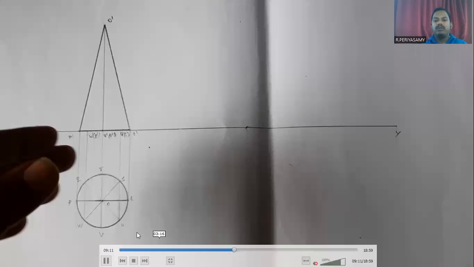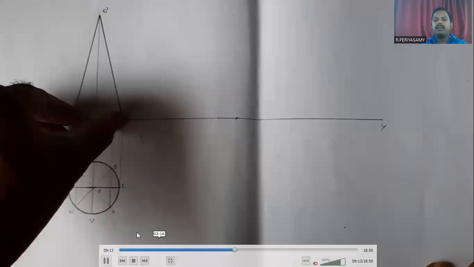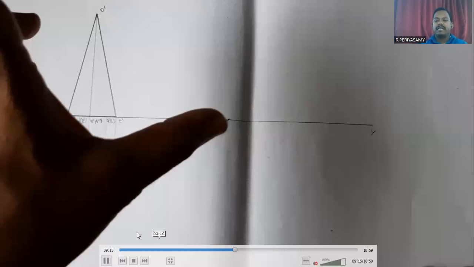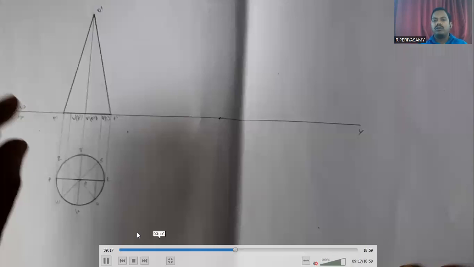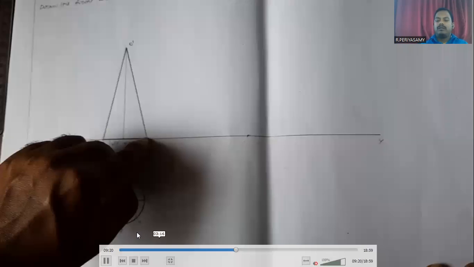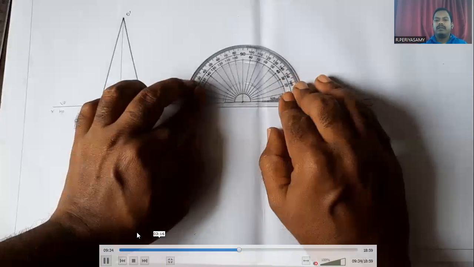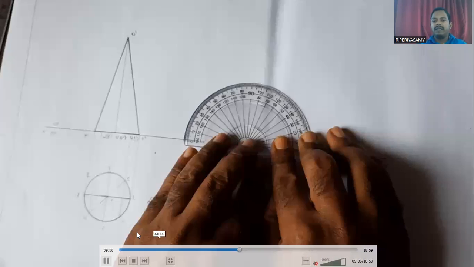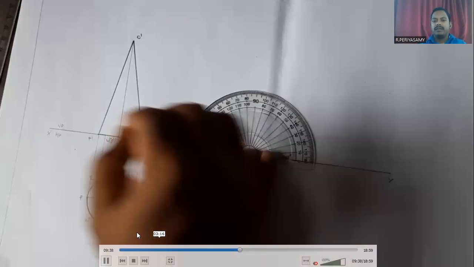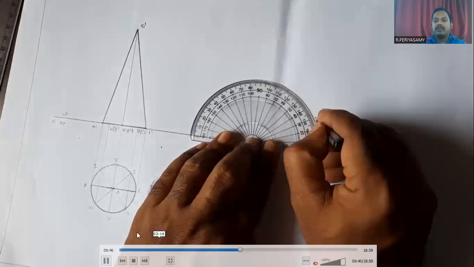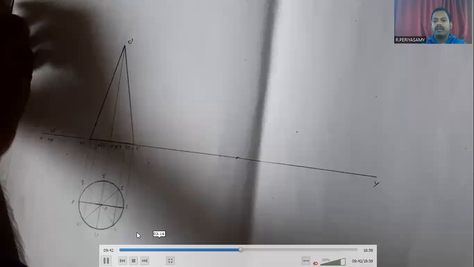Now we have to draw the 30° inclination line through that point. For that purpose we use a protractor. First, we mark the 30° inclination from the base. Now we join that point to the 30° inclination line.